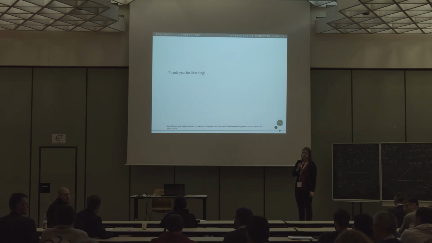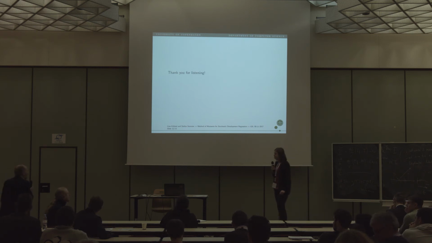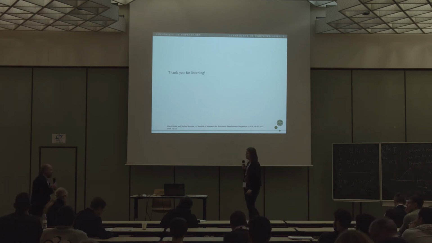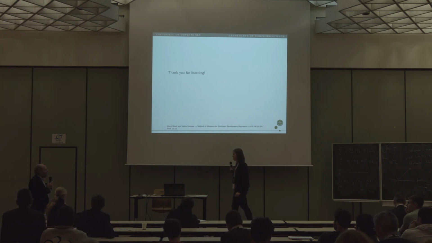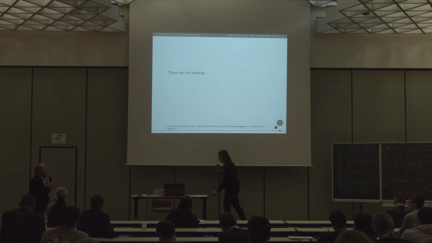Other questions? I've got one. I think the question is small, but the answer might be difficult. So far you assume that you have some isotropic noise. Do you think you can estimate anisotropic noise as well? Well, yes. And the related question is, how much data do you think you need to do that? That's a good question.